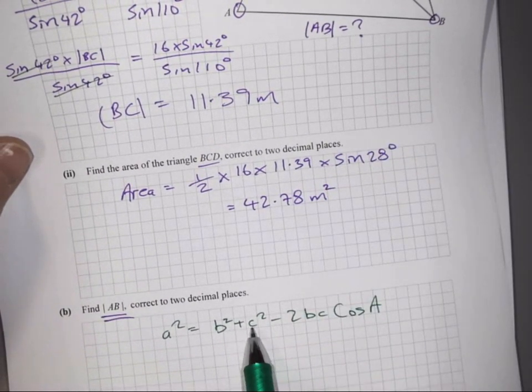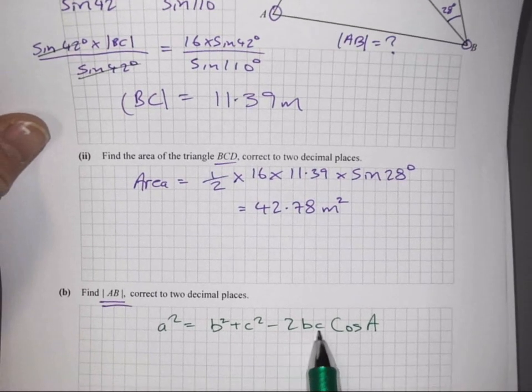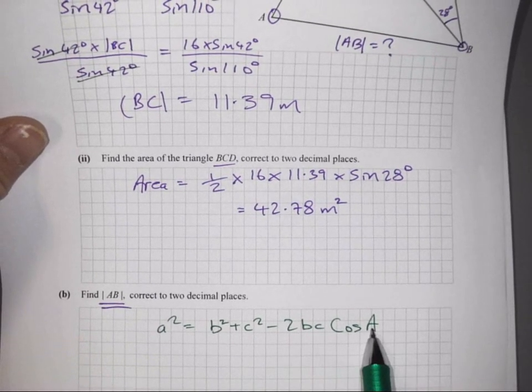B will be 10 meters, C will be 16 meters, and big A will be 75 degrees.